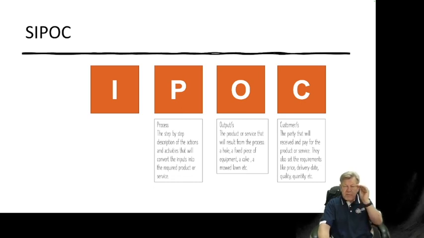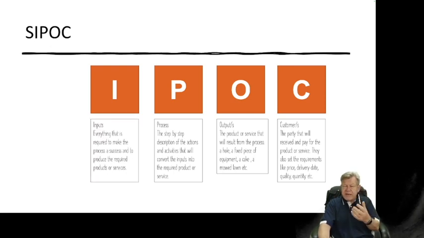Now, in order for the process to step-by-step manufacture the output to satisfy the customer, I need inputs. And those inputs include raw material, knowledge, a plan, a procedure, people, chemicals, tools, equipment.